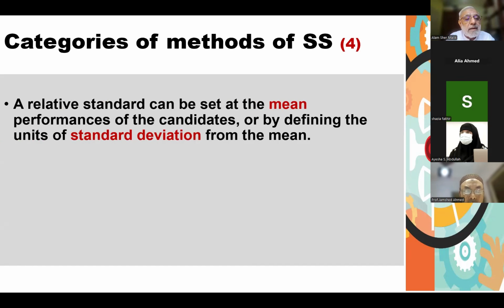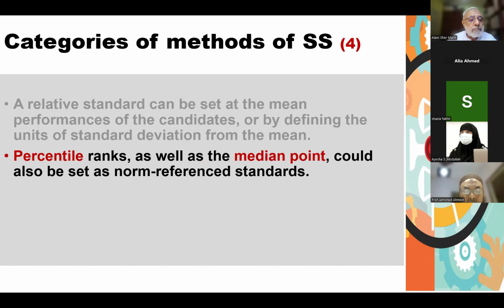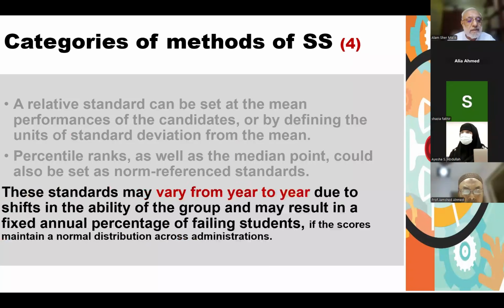The relative standard, or the norm reference, can be set at the mean performance of the candidates. One way could be that we take the mean of the marks and decide that above that is pass and below that is fail, or by defining units of standard deviation from the mean. We can use a percentile chart, or a median point to come up to a norm reference standard.